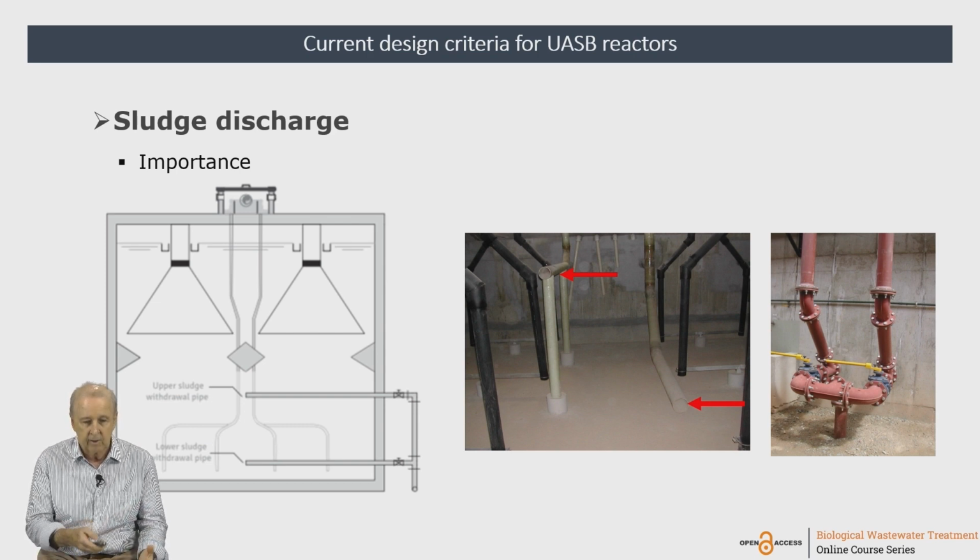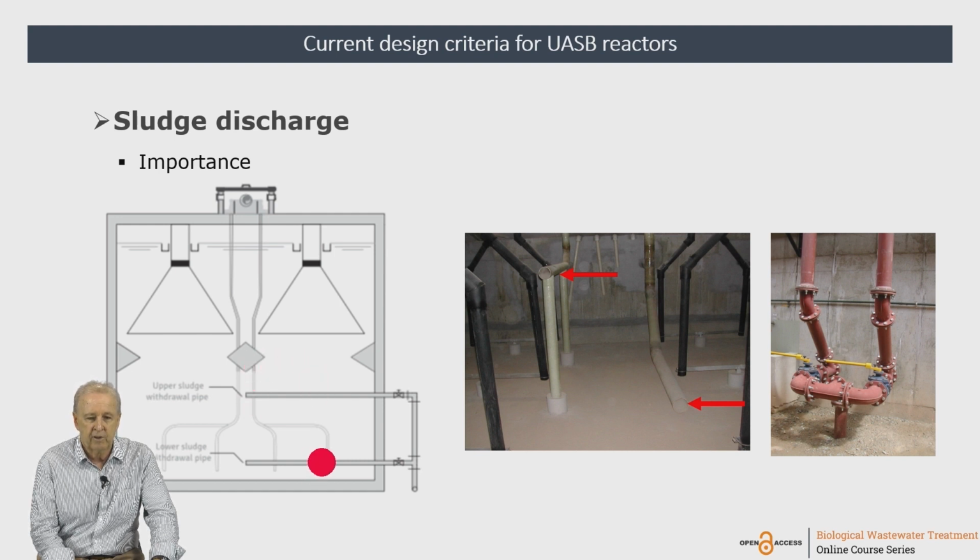For this, all reactors should have, at least according to our guidelines in Brazil, two discharge points. One at the bottom, usually 15, 20 centimeters above the lower part of the reactor, and another sampling discharge pipe here, usually around half height of the digestion compartment.